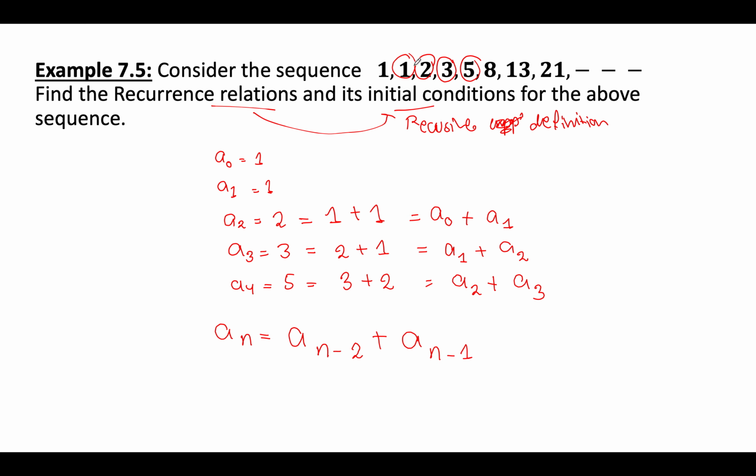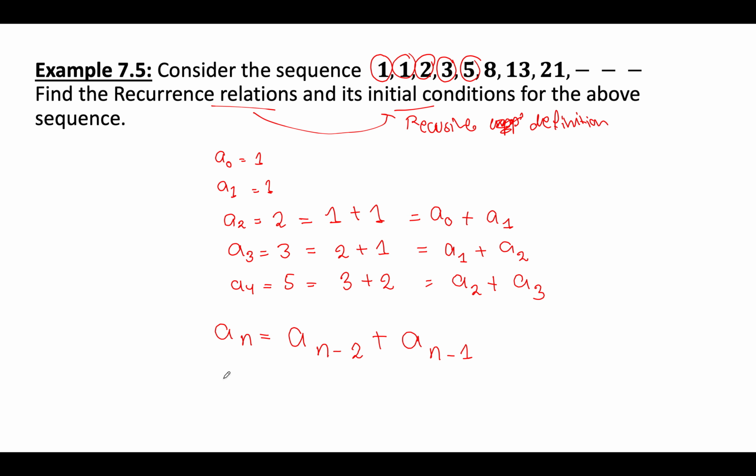Okay, so the third term is equal to the first term plus the second. The fourth is equal to the second plus the third. The fifth is equal to the third and the fourth. Okay, so a_n is equal to a_(n-2) plus a_(n-1).